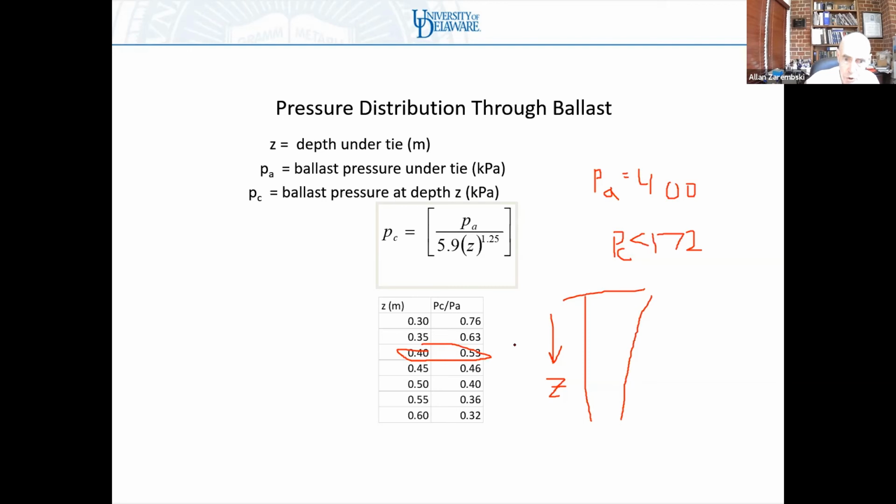So you're a little bit too high, a little bit over 200 here.